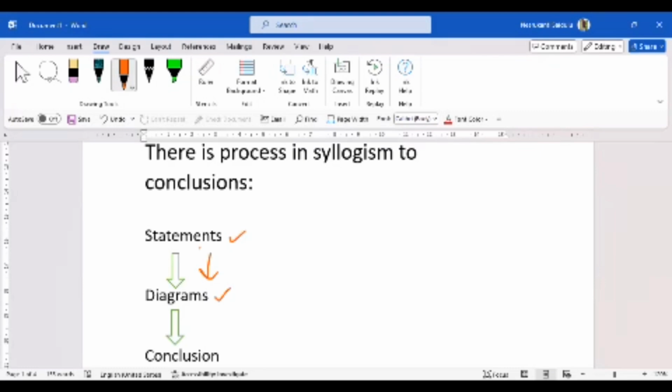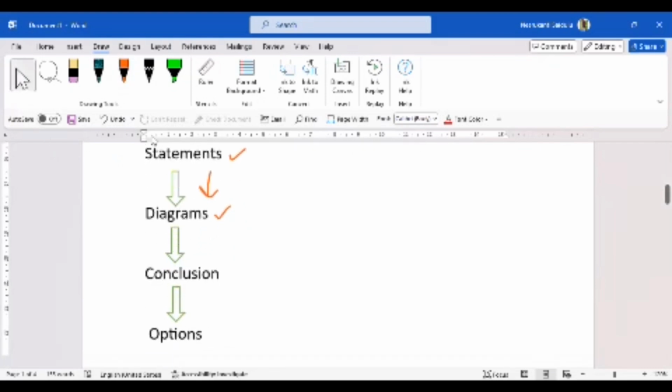After drawing the diagram, come to the conclusions. When you have to conclude whether it is true or false, then go to the options.